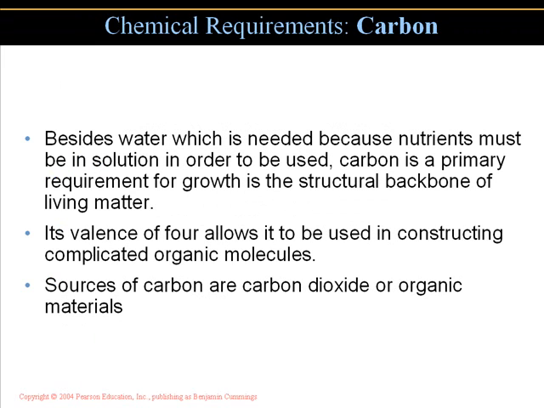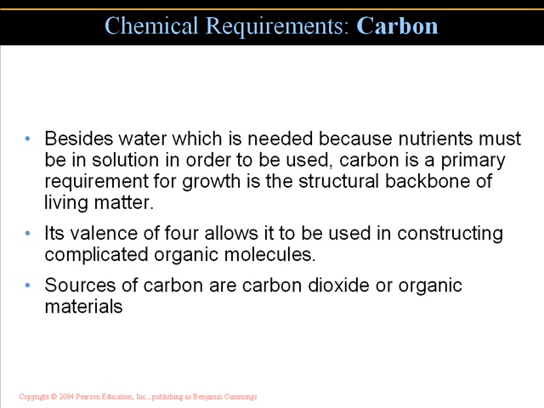Now, besides water, which is needed as a nutrient and must be in solution in order to be used, carbon is the primary requirement for growth and the structural backbone of living matter. It's the organic substance. Those of you who studied organic chemistry can appreciate this fact. Its valence is 4, which allows it to be used in constructing complicated organic molecules.